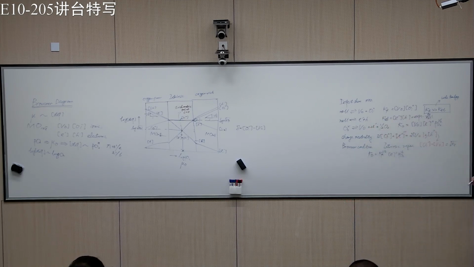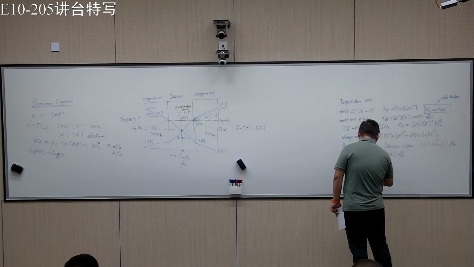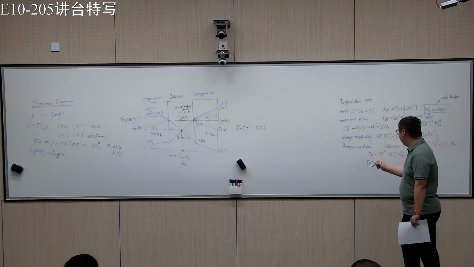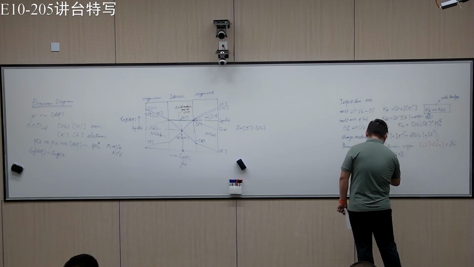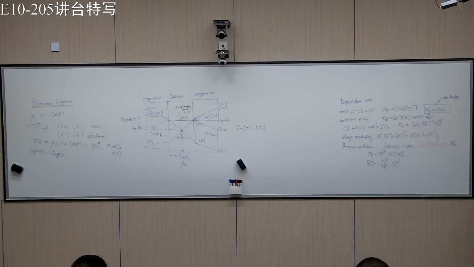Okay. Then this one should be, essentially, you take this all to the other side. KO to the 1/2, KF to the 1/4, then PO2 to the negative 1/4. Okay.